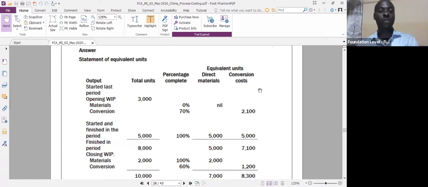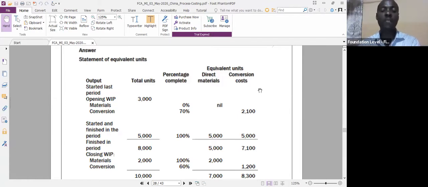Now we go to closing work in progress. We have 2,000 units that are closing work in progress. Mention that material is 100% complete, so it's as good as the 2,000 units of material is still there because it is 100% completed.